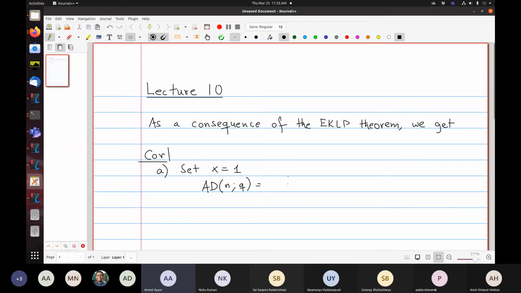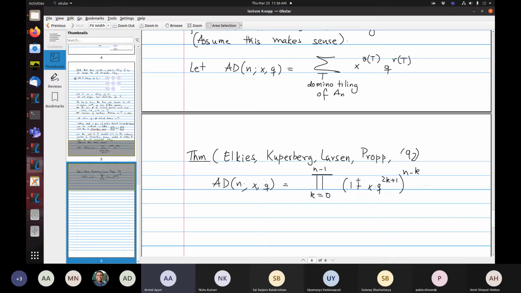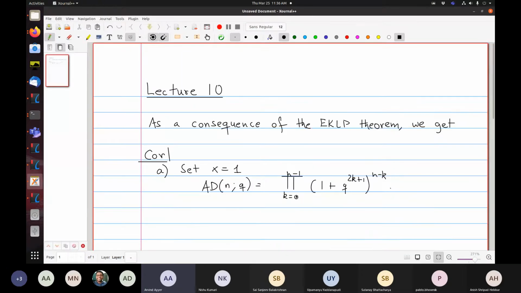This is, of course, obvious. This is the product over k equals 0 to n minus 1 of 1 plus q to the 2k plus 1, raised to the n minus k. So here there is nothing to do. You just set x equal to 1.